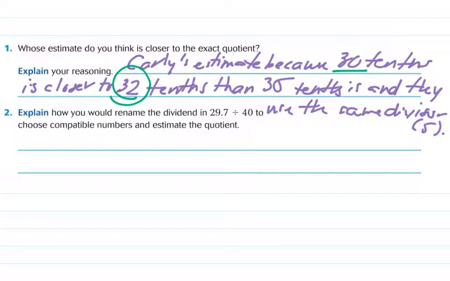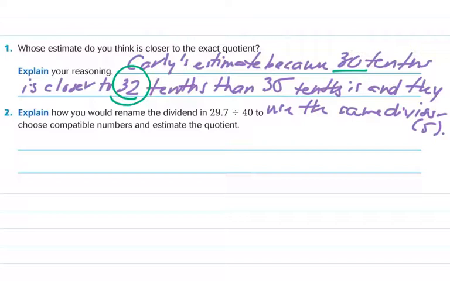So now, boys and girls, we're going on to number 2. It says, explain how you would rename the dividend 29 and 7/10 divided by 40 to choose compatible numbers to estimate the quotient. So, boys and girls, first step, I'm going to rename this as tenths.